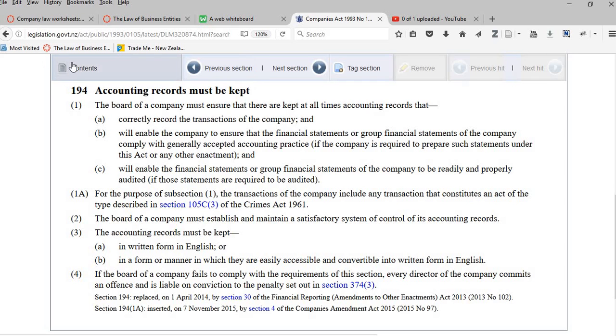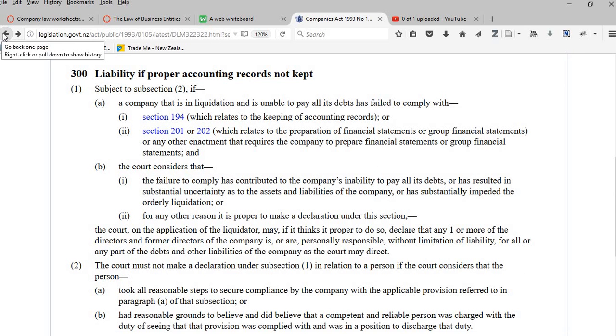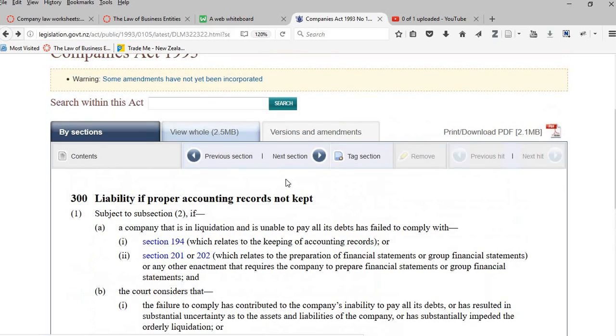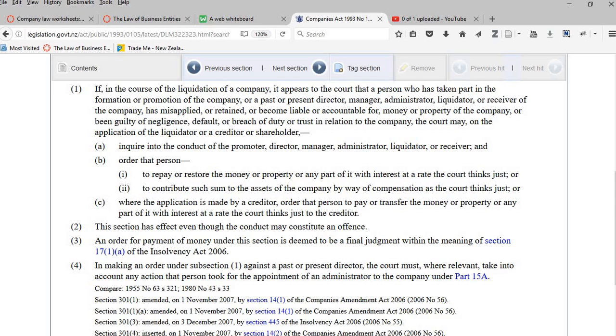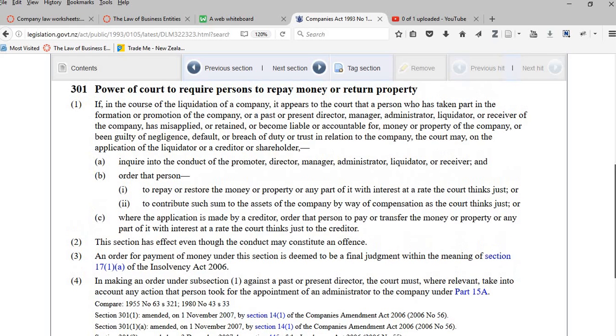Okay, now going back to where we were, the other section that's very important here is Section 301. Now, Section 301 does not actually say when you can sue a director.